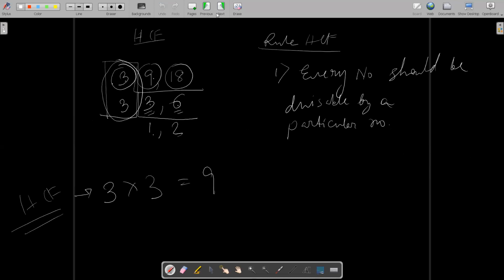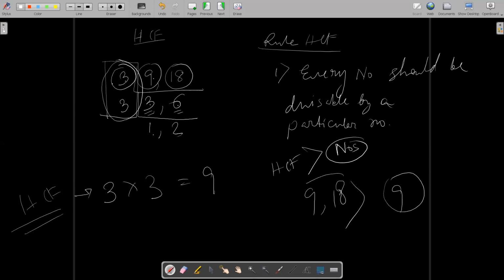In the next page, I can see the same thing. So 9 is smaller. 9 and 18 are bigger or equal. I have already mentioned that it can be equal or it can be bigger also. But an HCF greater than the numbers is not possible. HCF can't be greater than these numbers.